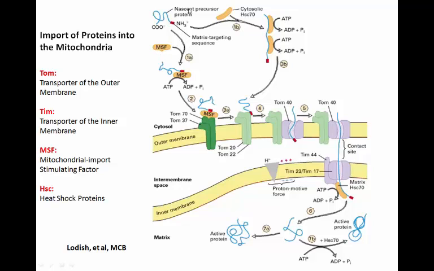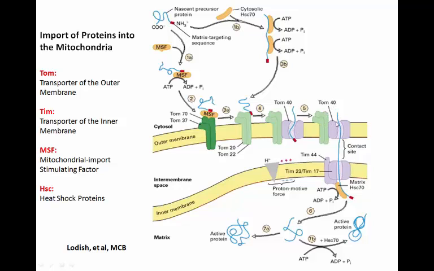Method 2 is a cytosolic heat shock protein 70 that binds to the polypeptide, and notice it unfolds it. So if it's folded here, now it's linear. It delivers, with the hydrolysis of 2 ATPs, the peptide to Tom70, Tom37, Tom40 comes in, and now it's imported into the inner membrane space.